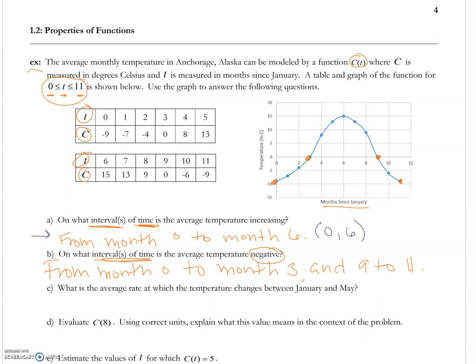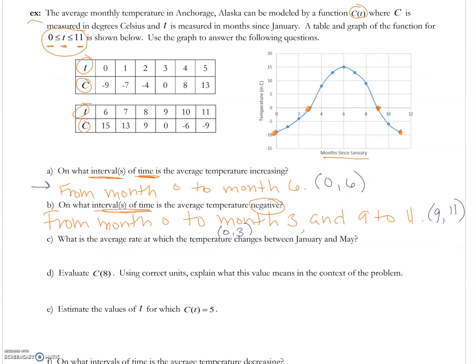Same thing on part B. Instead of writing from month 0 to month 3, I could just write parentheses 0, 3, and from month 9 to 11, parentheses 9, 11, close parentheses. For all of these intervals, we're just using these parentheses. So let's try that as we continue.